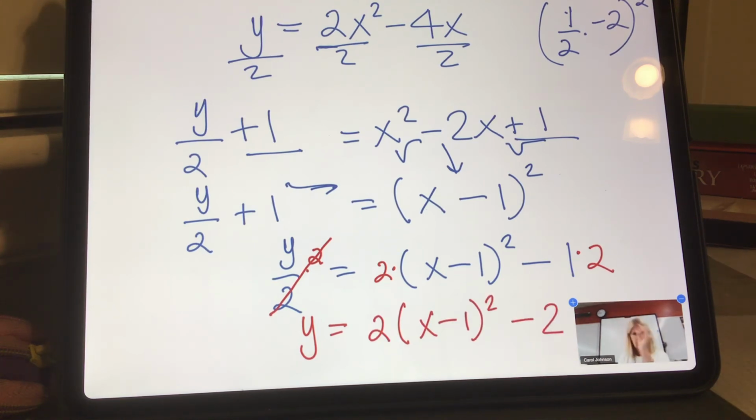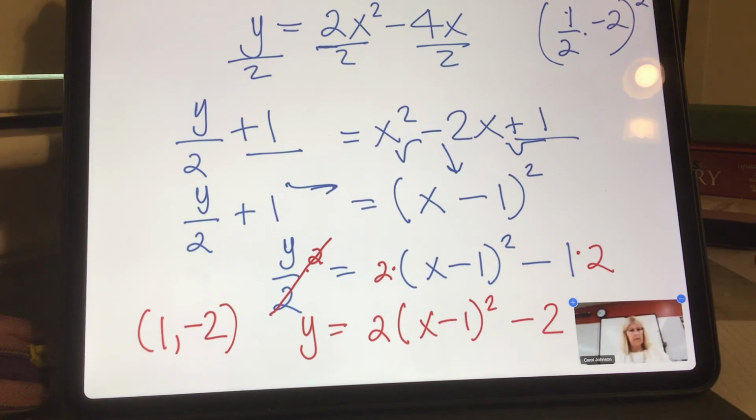Here's your vertex, moving 1 to the right and down 2. So your vertex would be 1, negative 2. It's going up twice as fast, so it's skinny. You guys with me? So you're going to go over 1, up 2, and over 2, up 8. Yes or no?